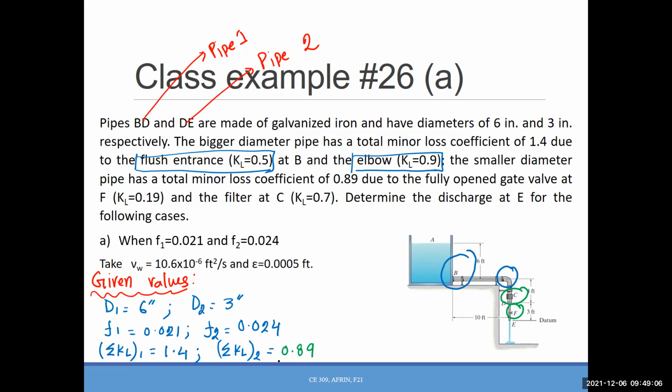Okay, so we have KL1 and KL2, these are the sources here, right? And what do we need to calculate finally? The flow Q, right? Okay, those are the given values.